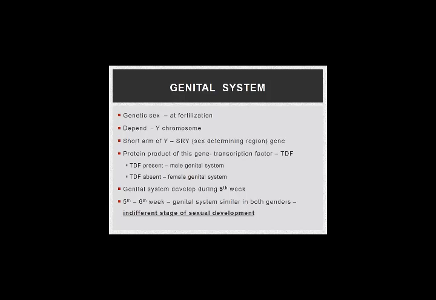That is why this stage is called the indifferent stage of sexual development. That means there is no difference in the gender of the baby between the 5th and 6th week.